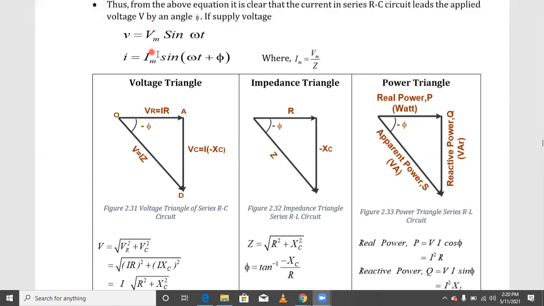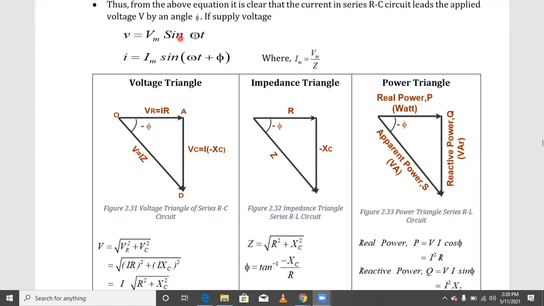Thus, from the above equation it is clear that the current in the RC circuit leads the applied voltage by an angle. You know well that current leads voltage by 90 degrees, as shown by the phasor diagram.